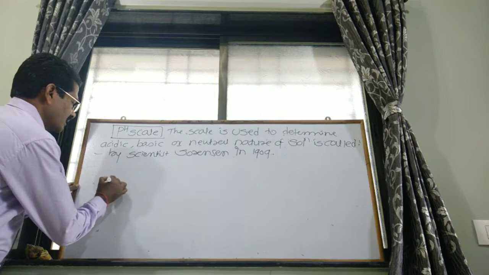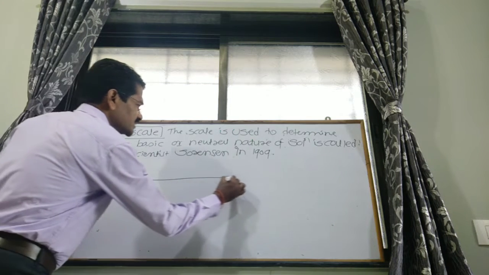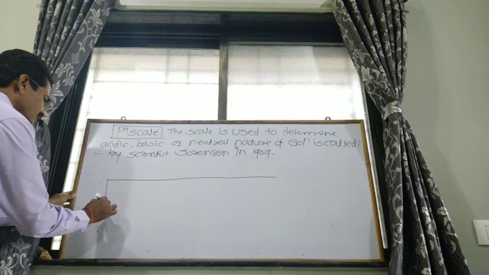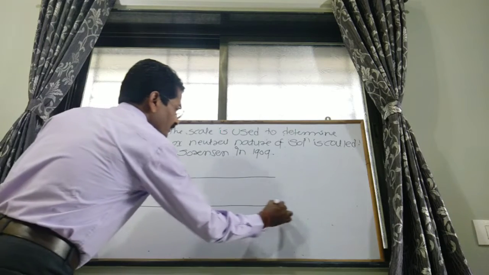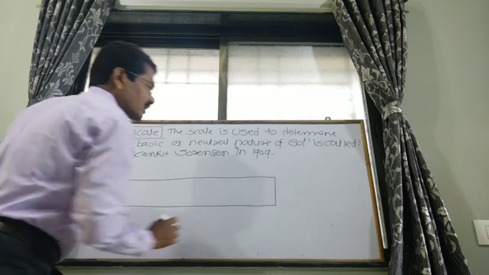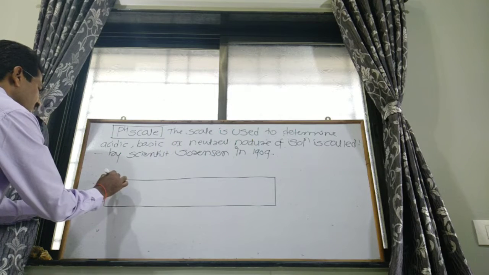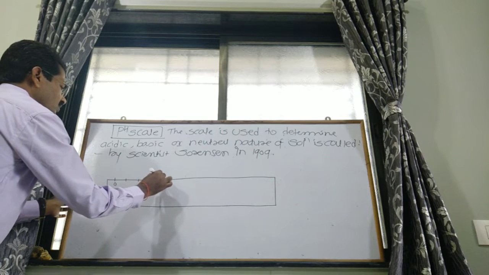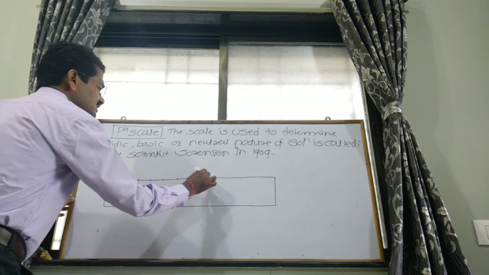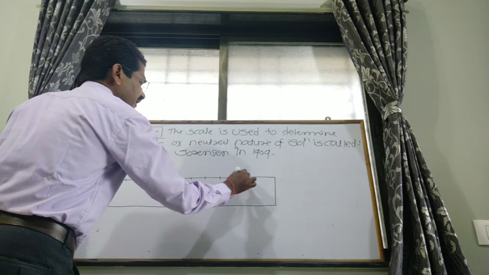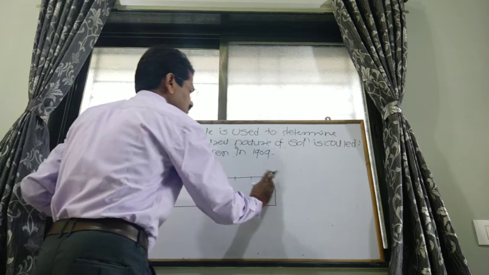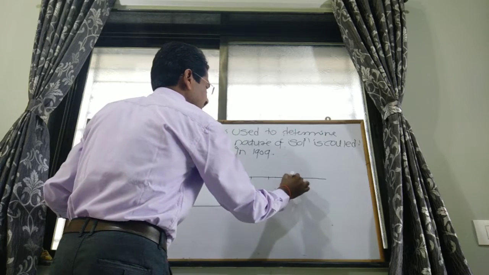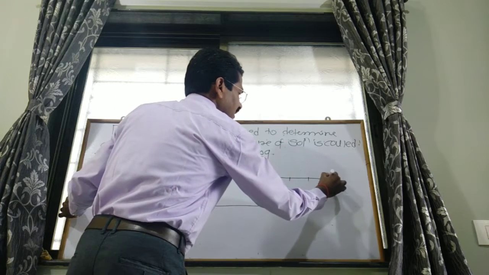Suppose this scale has points 0, 1, 2, 3, 4, 5, 6, 7, 8, 9, 10, 11, 12, 13 and 14.